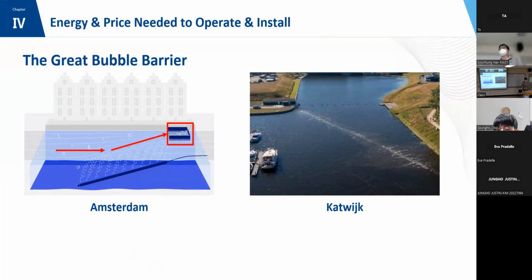As you know, the Netherlands is very famous for the many waterways in their country. So this company installed a lot of bubble barriers in the waterways in the Netherlands. The left picture is Amsterdam, and the right picture is Katwijk.